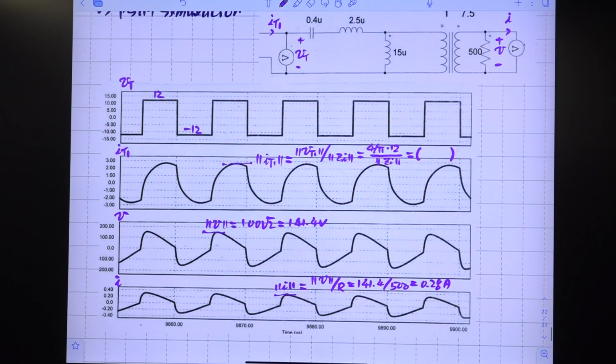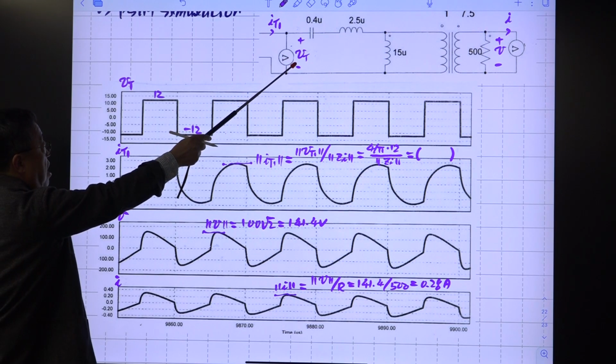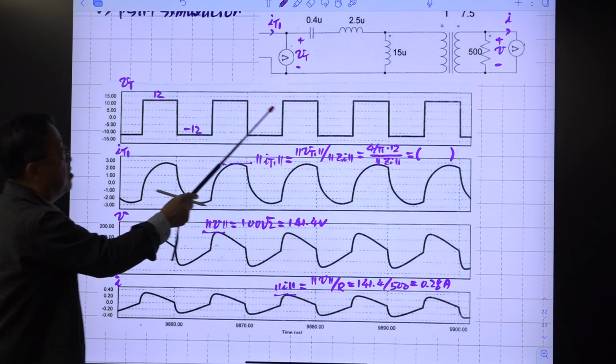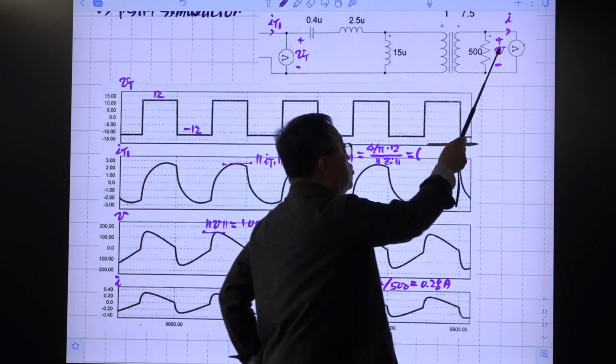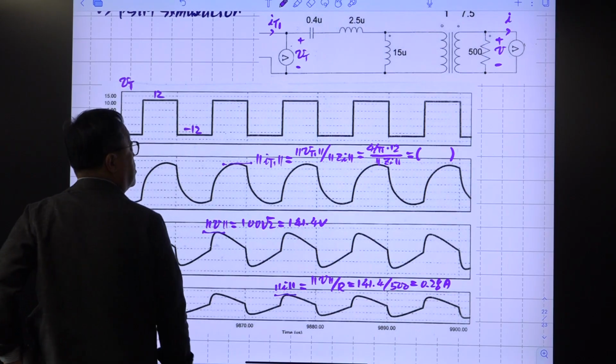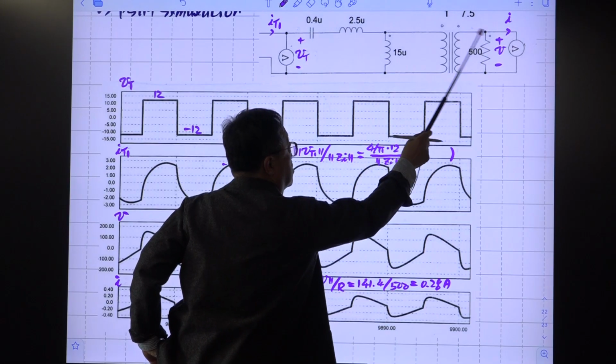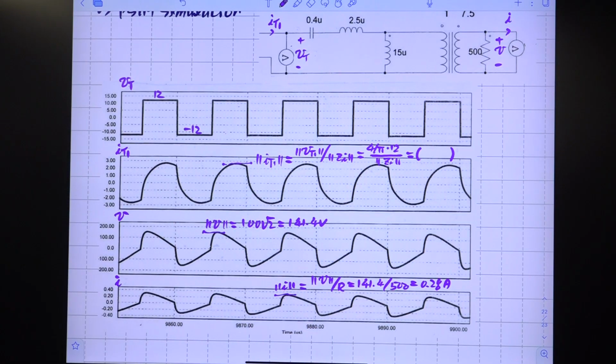Finally, simulation result. So you are watching 4 waveforms. The first one is IT1, the tank current, and this is the tank voltage VT, and this is the output voltage, a sinusoidal waveform, and the load current, a sinusoidal waveform. I should put it here, right? Because same thing.